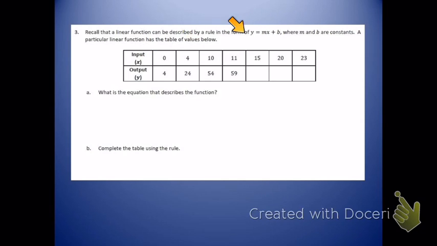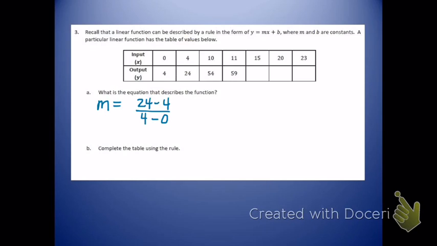So now I just need to know the rate. And so I want to look at some of the points that I'm given on the table and see if I can figure out the rate. So the rate is the slope, it's m. So it's going to be the change in y divided by the change in x.